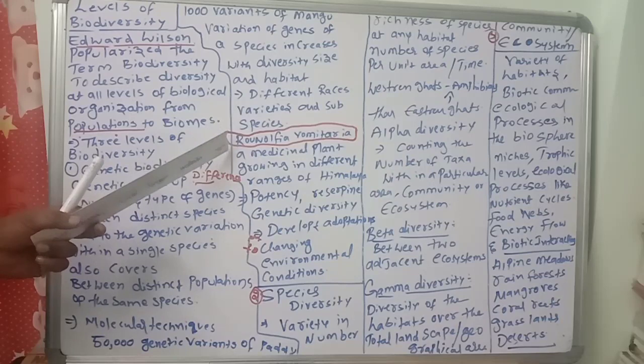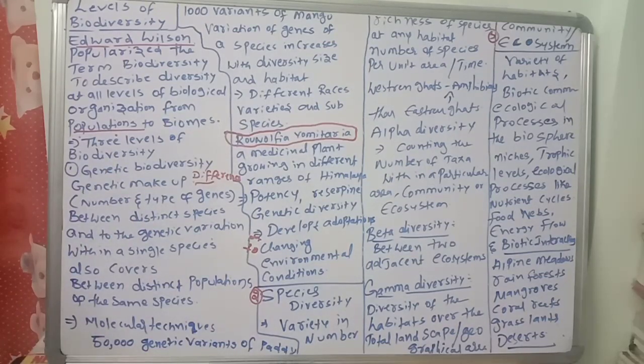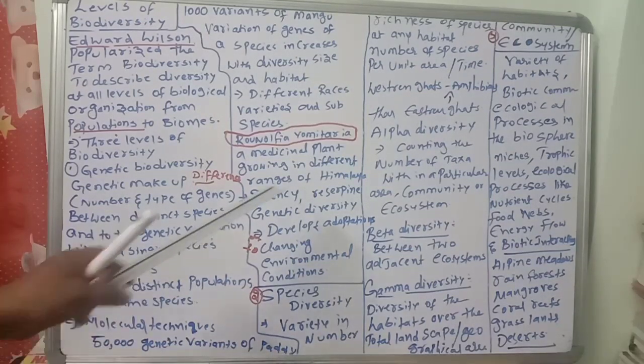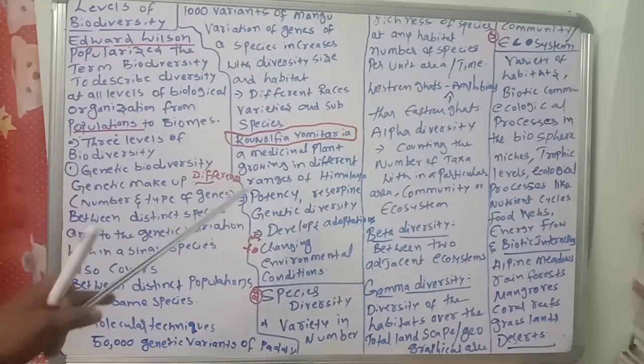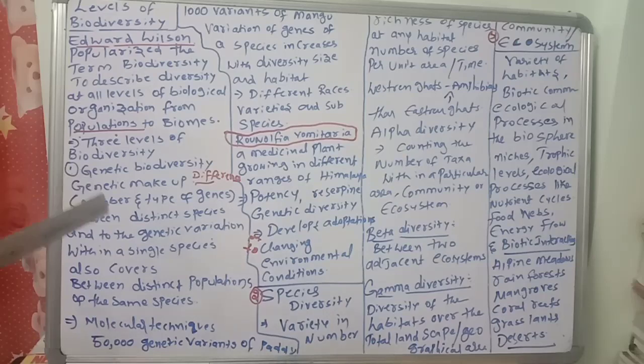For example, Rauwolfia vomitoria. What is it? A medicinal plant growing in different ranges of Himalayas. So what is the importance of this? The importance is the potency and concentration of the active ingredient.